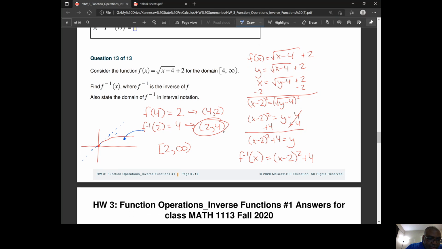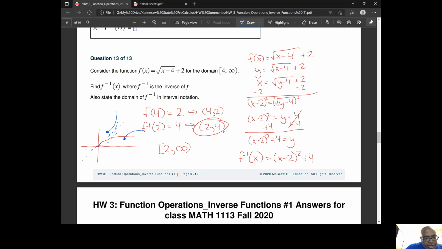So the inverse function for the square root function, the square function, looks like a square root moved right 2 and up 4. So it would look like that.